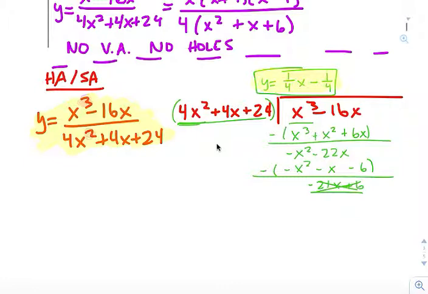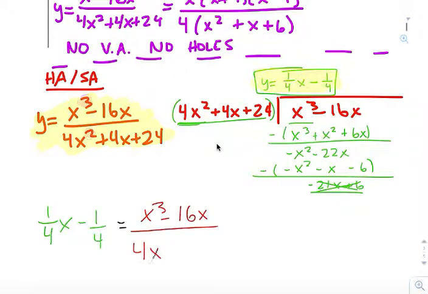They cross one another. And so this is going to be some tricky algebra, so hold on to your hats here. We've got to figure out if 1/4 x minus a fourth can ever be the same as x cubed minus 16x over 4x squared plus 4x plus 24.